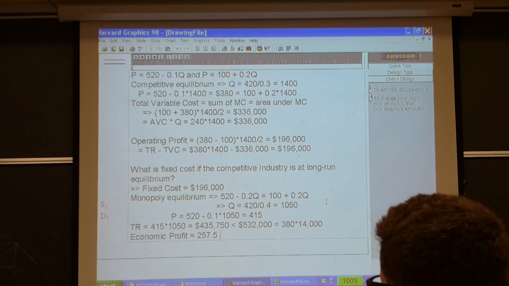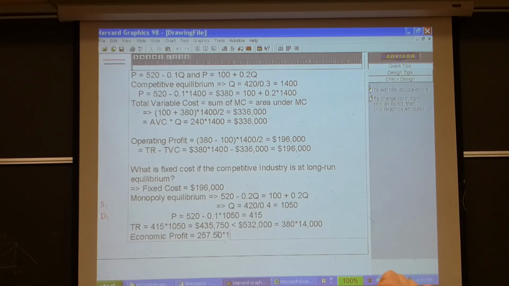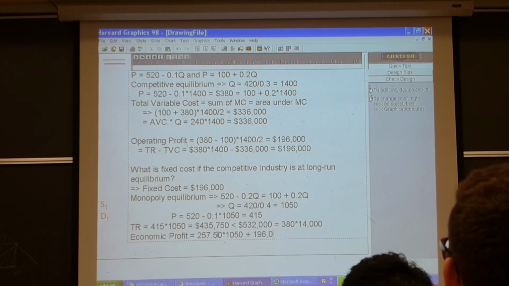I think it's 257.50. 415 minus 100 divided by 2 is 257.50, I think. Is it? Yes or no? Yes, good. Times, so the variable cost would be times 1,050 plus the fixed cost, which is 196,000.